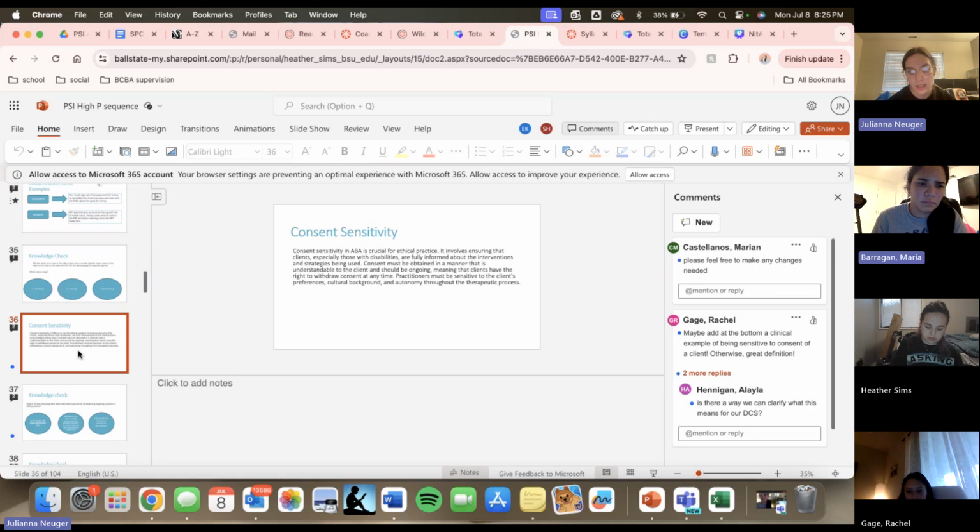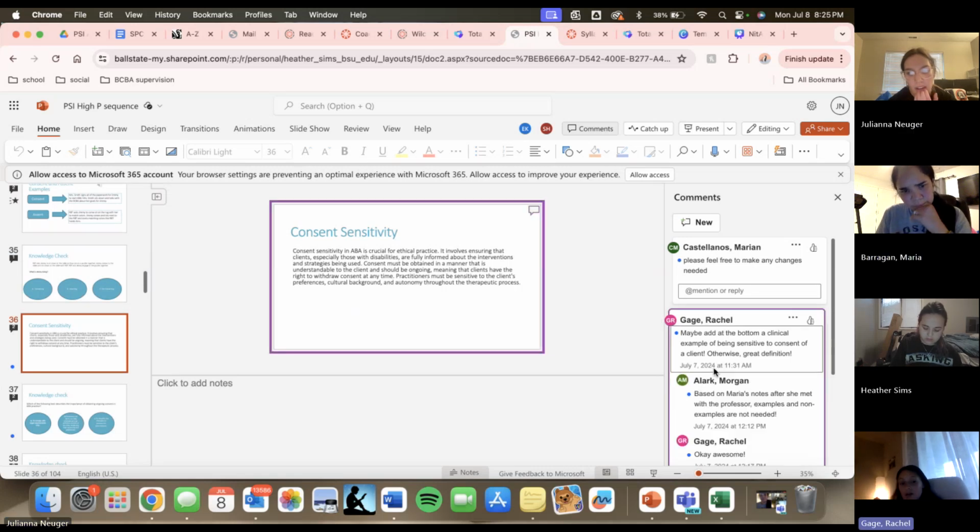And then this slide is about consent sensitivity in ABA and why it's important. So we have ethical practice. It looked good, but it looked like, Rachel, there was a comment that you had on it right over here. Yeah, I just thought I really liked the definition itself.